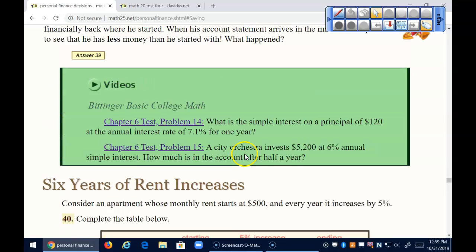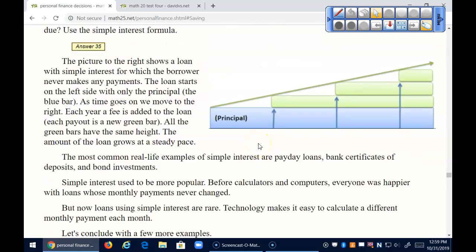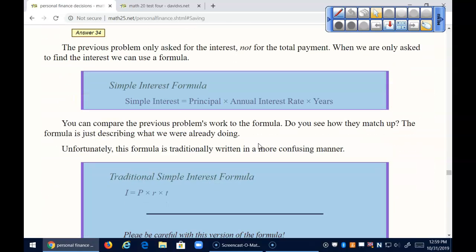Instead, this is a formula that is just sort of observing what we're doing. We're taking the principal, we're multiplying it by the annual interest rate, and then we're doing however many years, whether that's 1 or 5 or 200 over 365 or whatever it is.